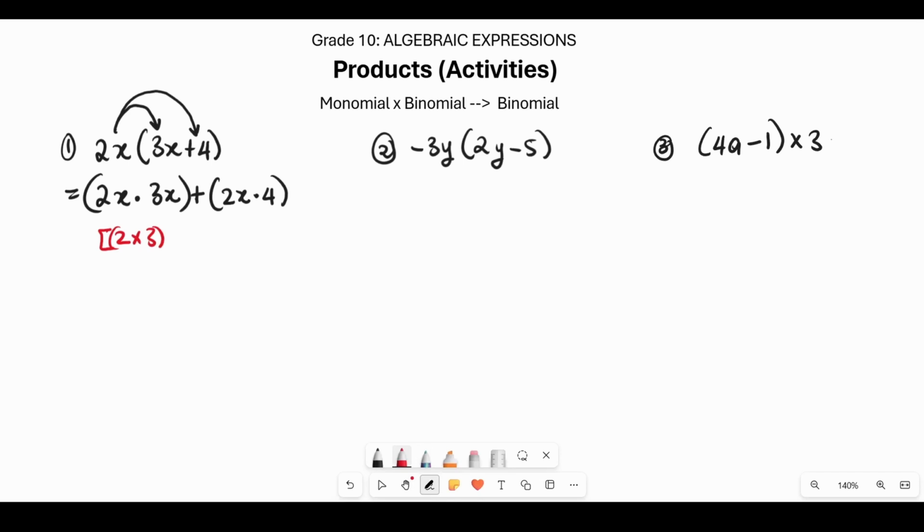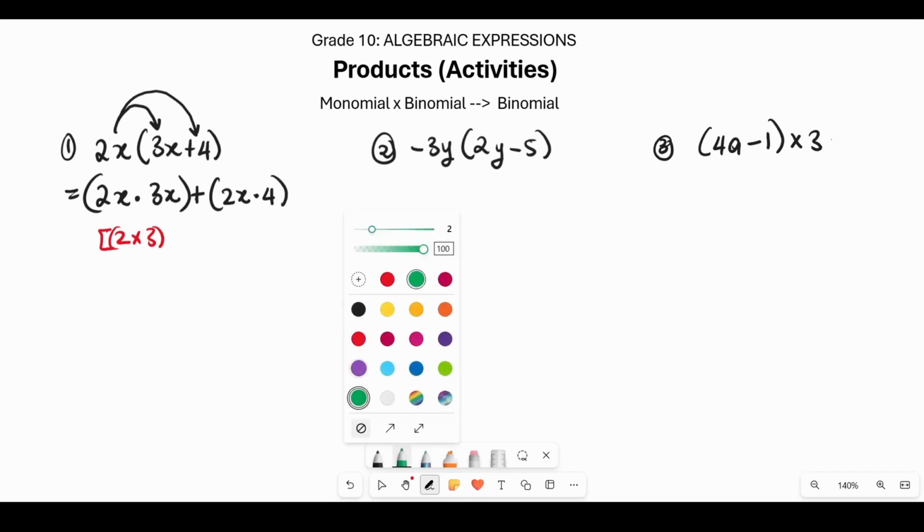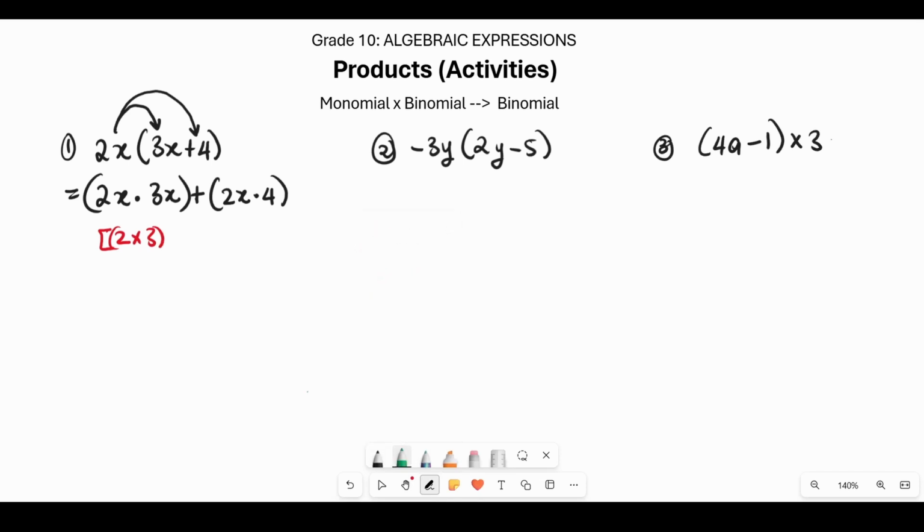The rule says you need to multiply the coefficients separately from the multiplication of the variables, which is going to be x multiply x. Then you go ahead and do the same with this side, where 2 will multiply 4, which is going to give you 8, then you have the x there.